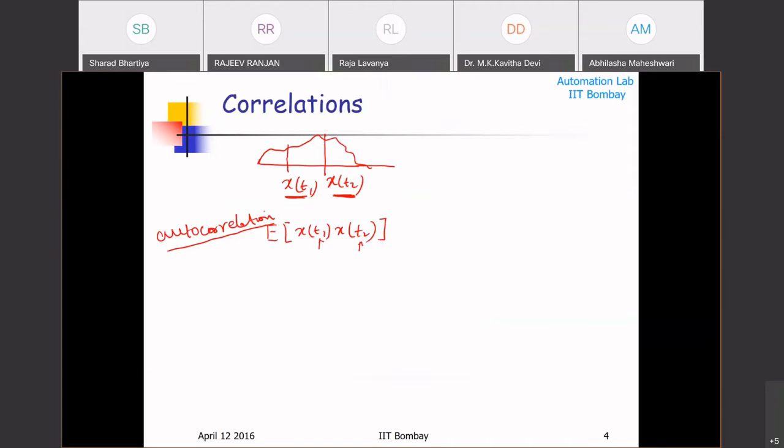And when T1 and T2 go more and more apart, the correlation probably becomes weak. Okay, probably it may not always be the case. So for seasonal processes like temperature, it will not become weak. You know that there will be some correlation even as the time goes away because they're periodic processes.